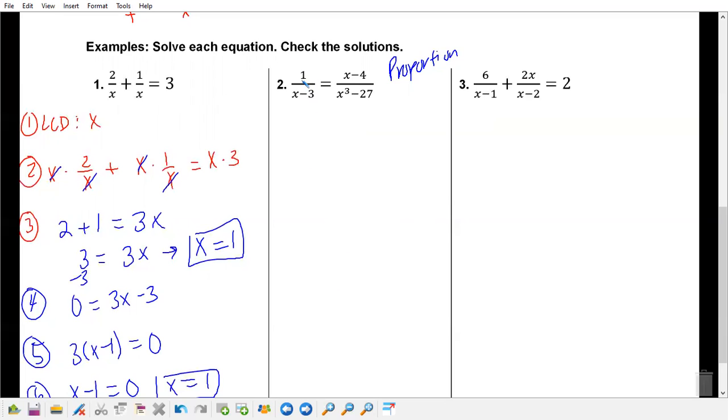You can also solve this by using the 7 steps above, but I just want to go over solving this with proportions. When it's just a fraction equal to a fraction, you can solve by cross multiplying. Okay, so I have 1 times x cubed minus 27 equals x minus 3 times x minus 4.